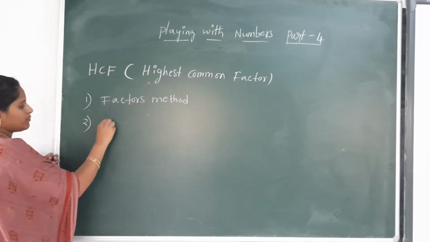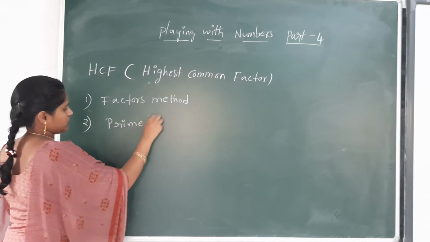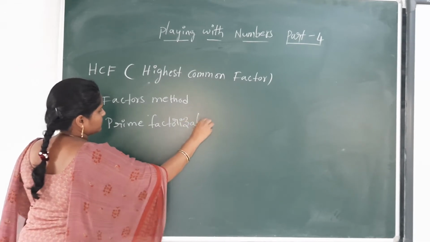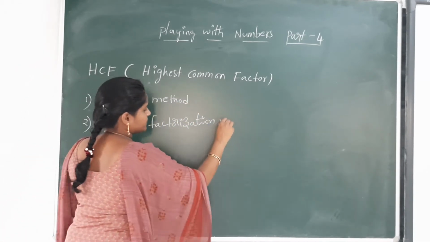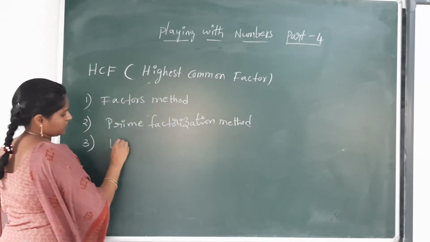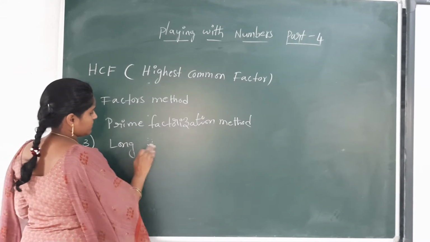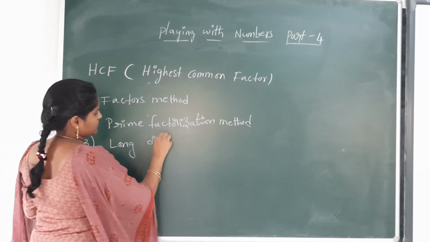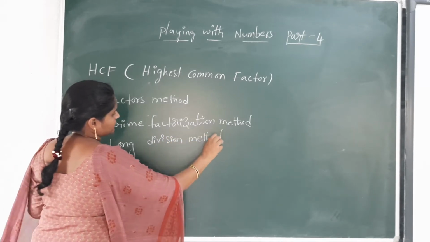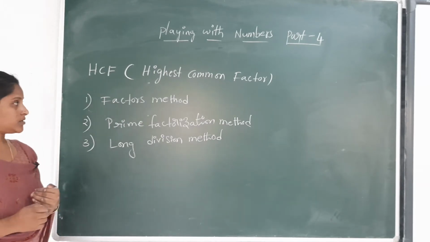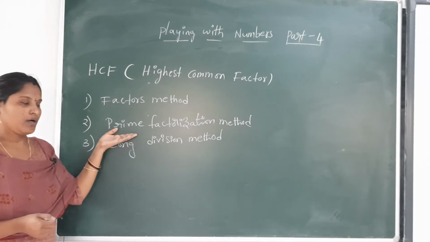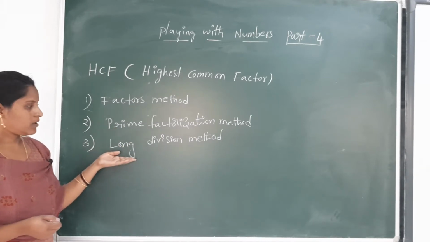Second method, prime factorization method. And third, long division method. So in HCF we have three methods to find HCF for the given numbers.